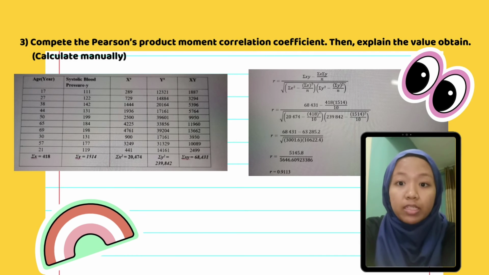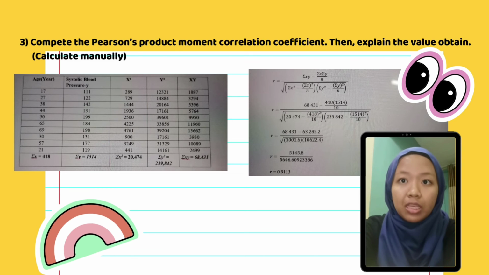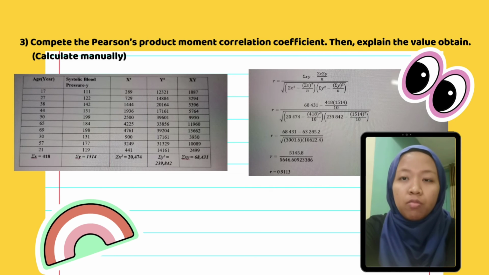For question number 3, we got the total for column X is 418, column Y 1514, column X squared 20,474, column Y squared 239,842.